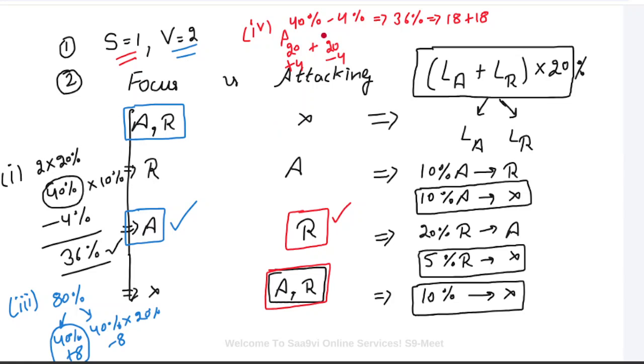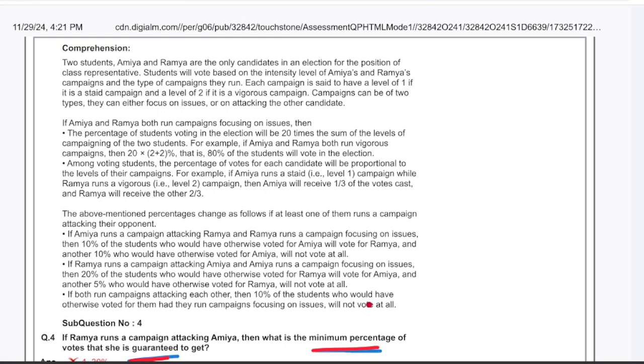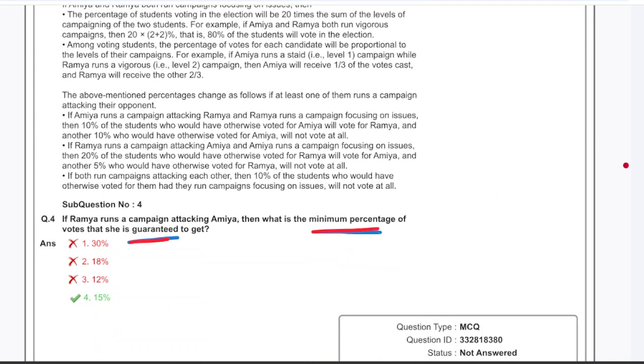This is Amaya and this is Ramaya. And then 5% of Ramaya, that means 5% of 20, that is 1. That means it will be only 15% of the votes that she's going to get minimum. That means she cannot go below 15%. So 15% comes out to be the answer.